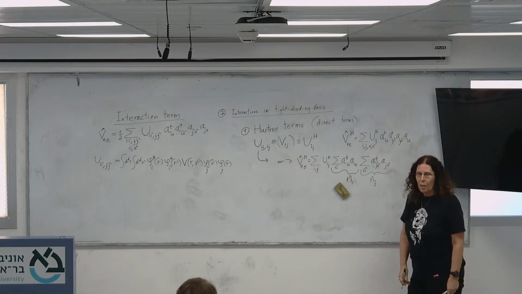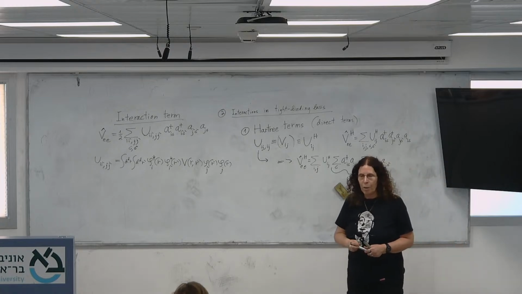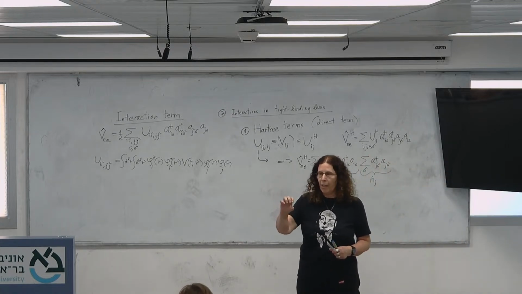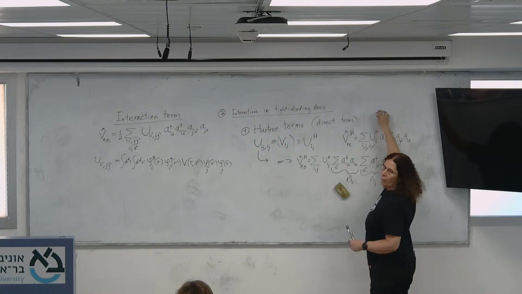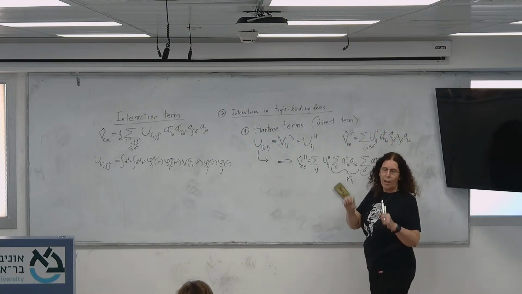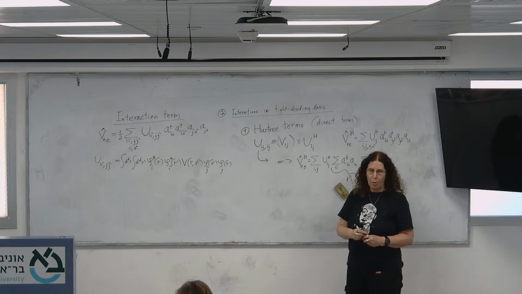Okay? So the Hartree part is actually very simple. I have the number of electrons on site i, number of electrons on site j. It's just interaction between. Okay?